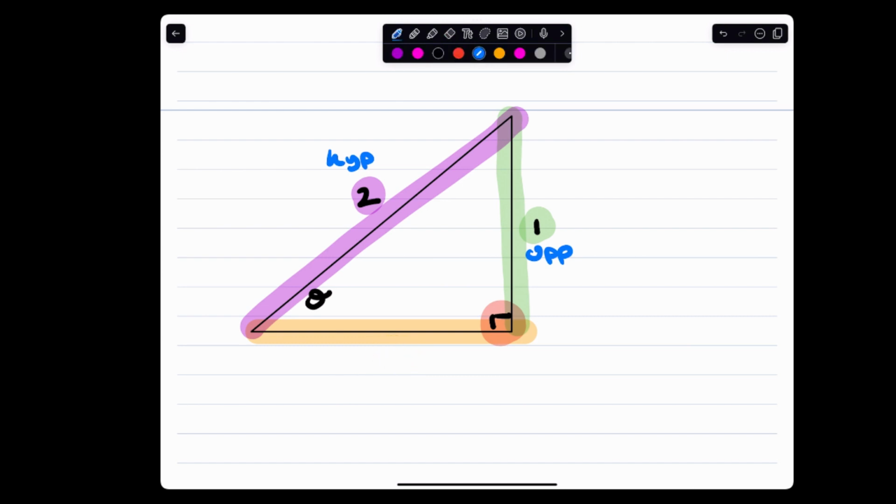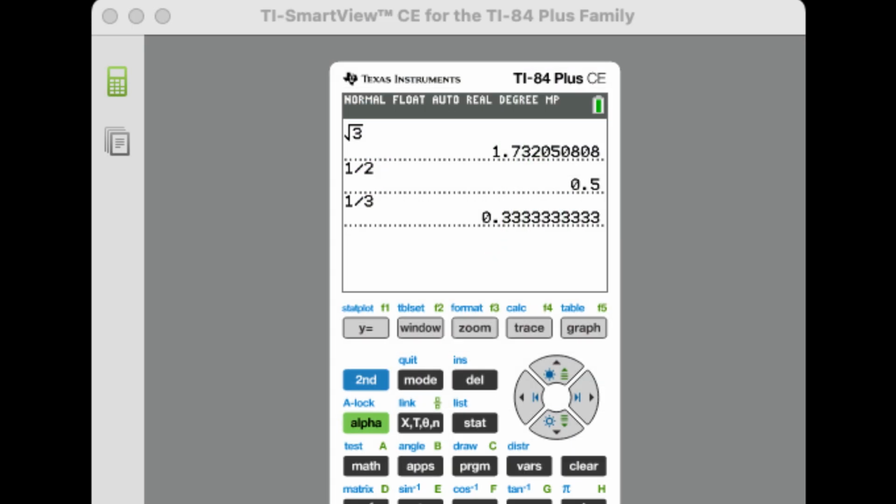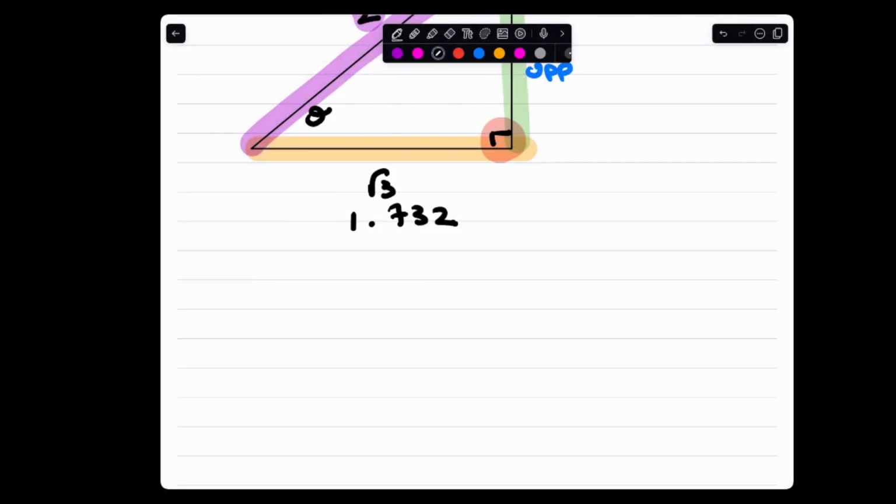If you go back to the calculator, what is this to the nearest thousandth? Anybody know? What is it going to be, 1.732? So you want to make sure you guys do that, 1.732.